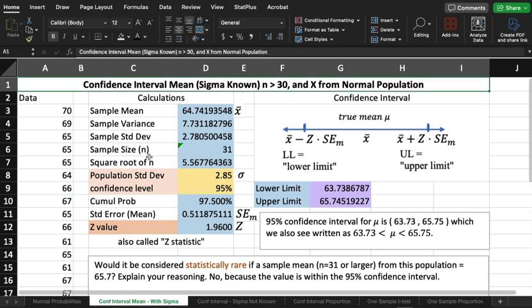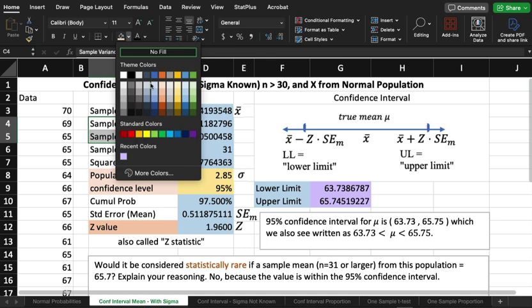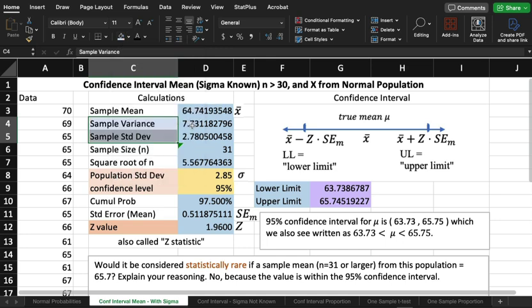Normally I wouldn't even go over this method. I would just use the second method that I'm going to be showing you. But some textbooks actually require that you do this, so we're going to do this just so that you can be familiar with the technique. I'm also going to point out that the sample variance and the sample standard deviation we're not going to be using, so I'm not even going to discuss those.